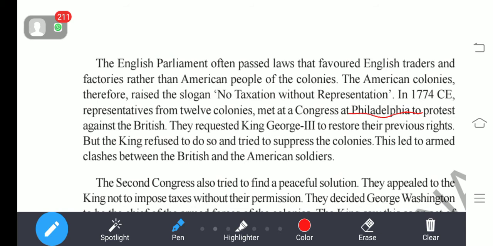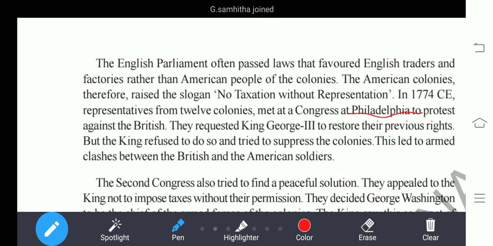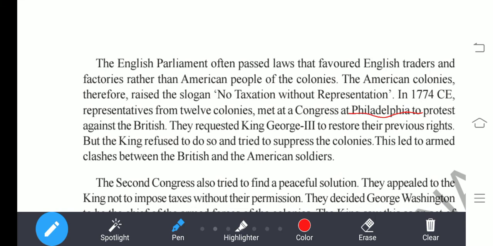Understand. And in that congress, they decided to protest against the British. They wanted to go against the laws of the British government.